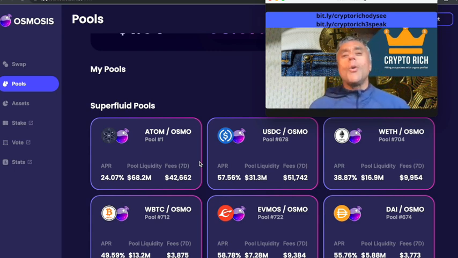by depositing tokens in the pool. Now, what is a pool? Ordinarily, if I wanted to go to a centralized exchange and buy or sell particular cryptos, I have to make sure there's a buyer on the other side. With a centralized exchange like Binance, there's so much liquidity and so much trading going on that it's always possible to find a buyer.